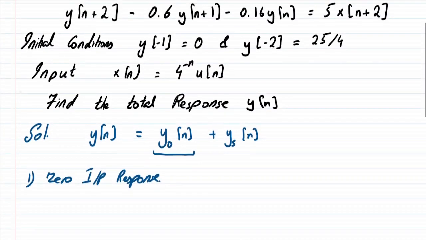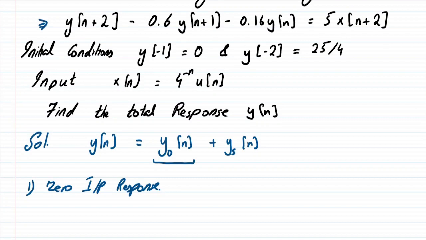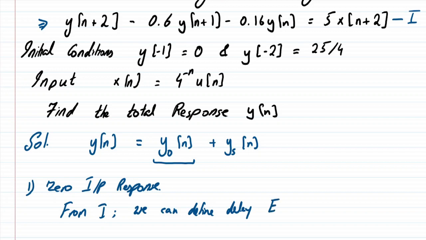Herein we would perform a simplification of this expression. Say this is our expression number 1. From 1, we can define the delay by a variable, say E. The first expression would simply be E square, because over here we have a time advance of 2 units, so we have E to the power 2 minus 0.6 E, since the advance is of 1 unit, and we have the present time with the constant coefficient 0.16.